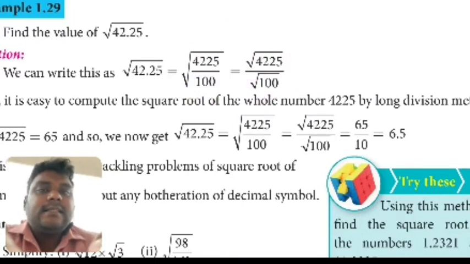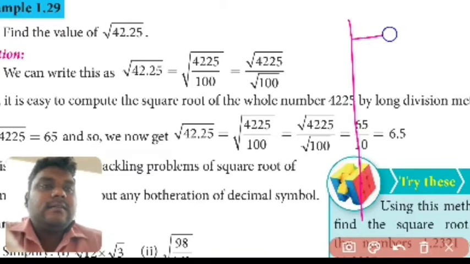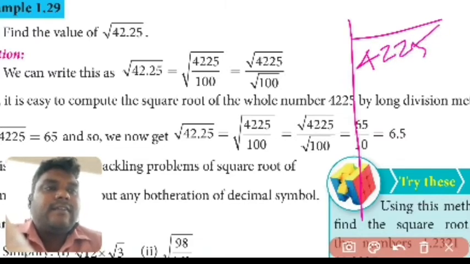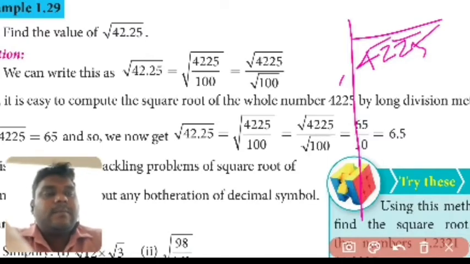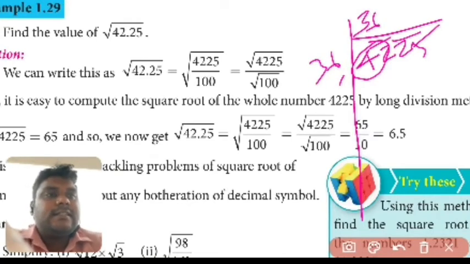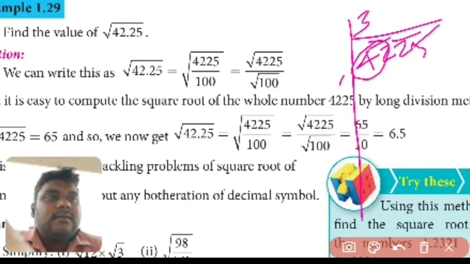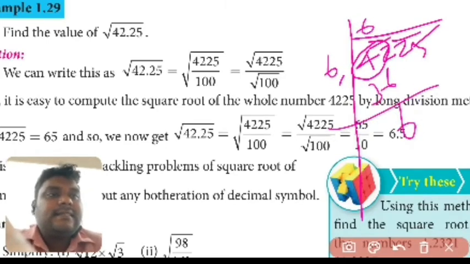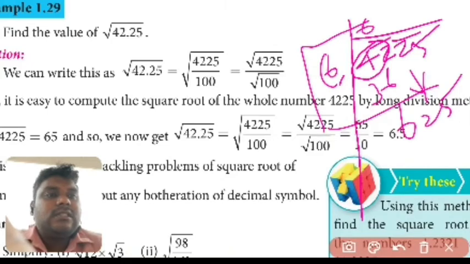Let's see how to find the square root of 4225. There are 2 periods, that is 2 pairs of numbers. In 42, the closest number is 36 in the square table, so we put 6 here. 6 6s are 36, remaining is 6, so we bring down 25. We multiply 6 by 2: 6 2s are 12.